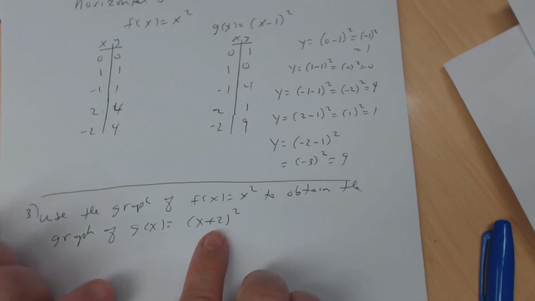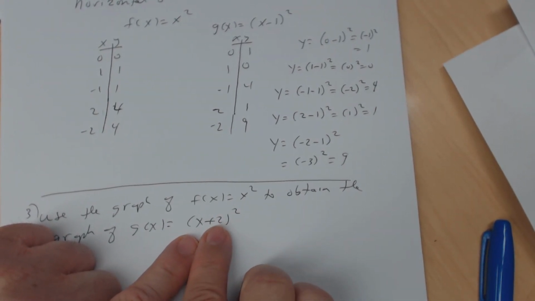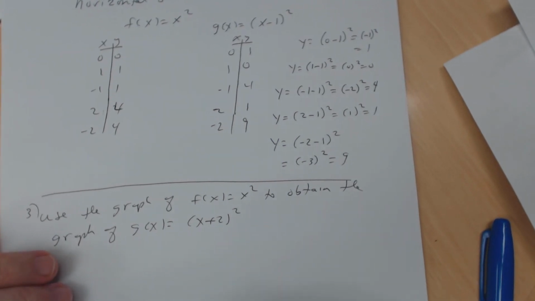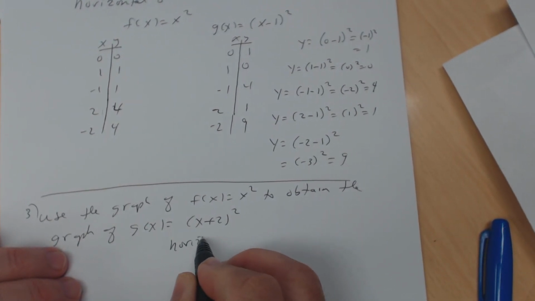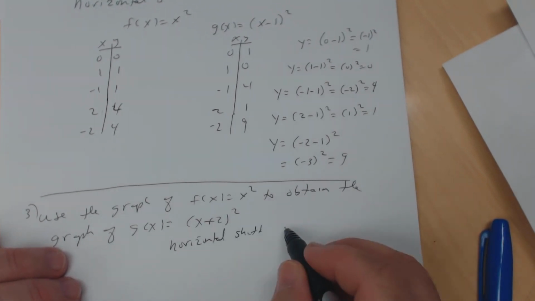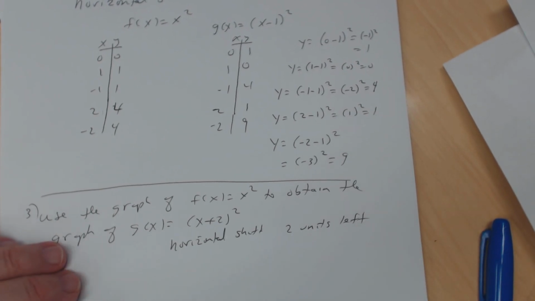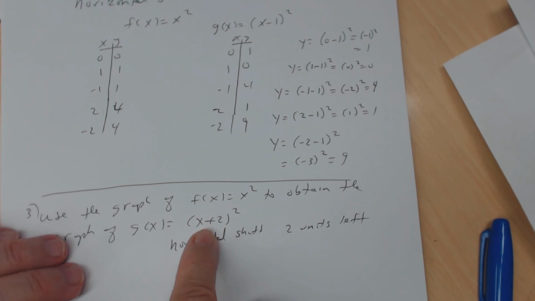Here, see how the plus 2 is not on the outside of x squared, but on the inside? That's a horizontal shift. And then it's 2 units to the left. So it's counterintuitive. So don't say that's a plus 2, so I go to the right. You go to the left.